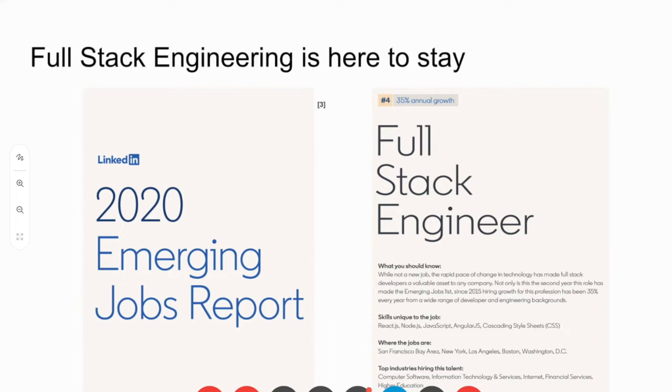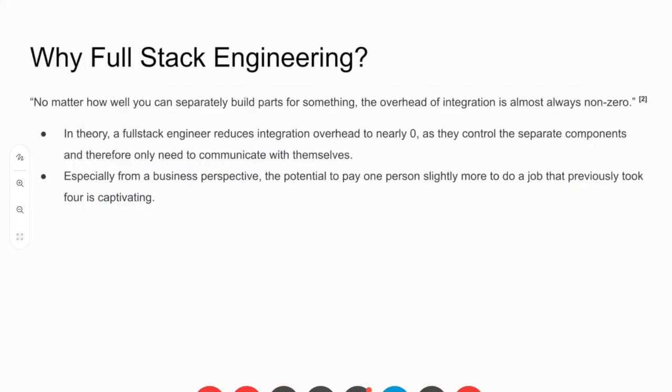So full-stack engineer is, I can tell you from my experience, I've been in the industry for 4 years, and like I mentioned in the second point, you would prefer having one resource to take care of both the aspects rather than paying two people to get the same job done.